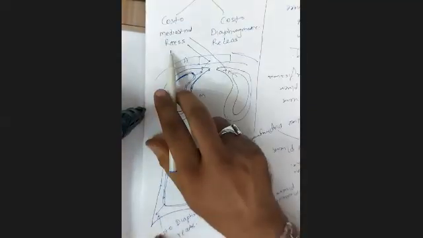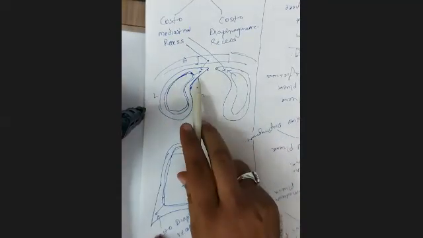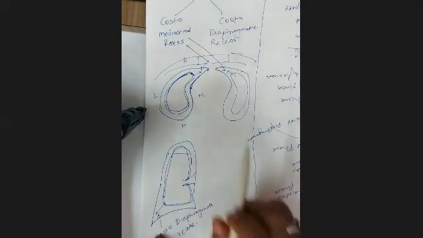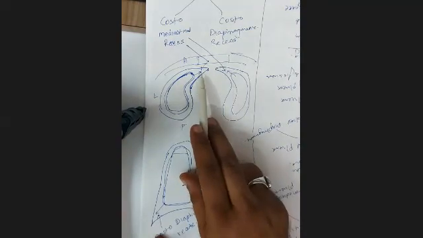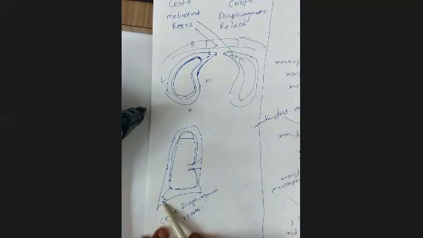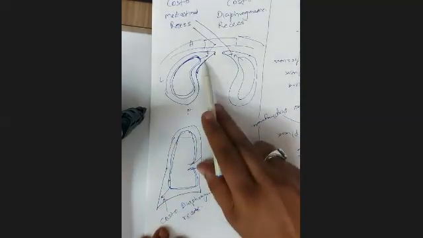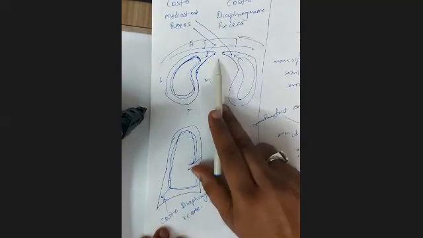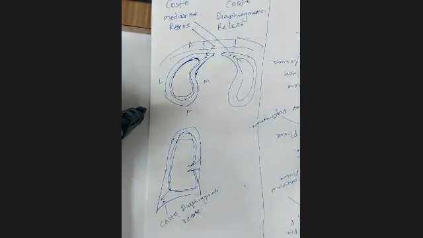The costomediastinal recess, which is seen in the horizontal section anteriorly like this, and the costodiaphragmatic recess, which we see in the coronal section. So this is on the inferior aspect and this is behind the sternum. So this provides extra spaces for the lungs for expansion, especially when the lung expands during exercise.